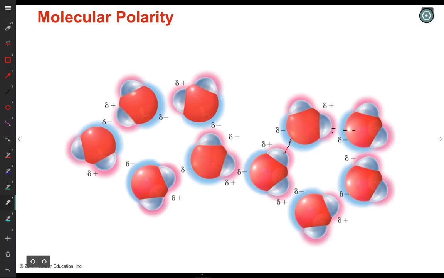And so you have these bonds holding the molecules together. So that's why ice forms a solid. You slow them down enough, those bonds are strong enough to make them stay in place. You heat them up, they move faster, and they have enough energy to break free of the forces holding them in place.